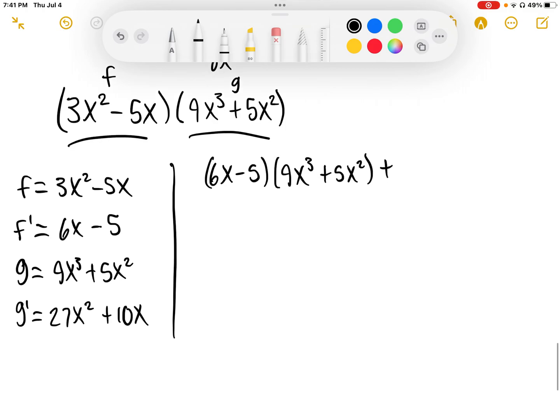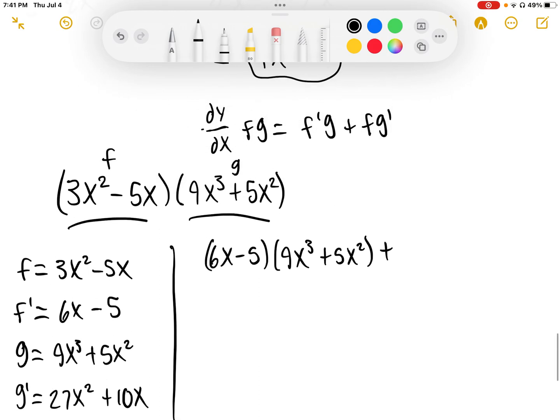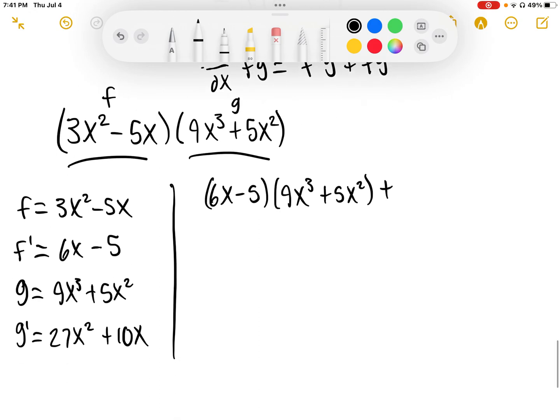And all of this is going to be added to fg prime, which is 3x squared minus 5x times 27x squared plus 10x. Almost ran out of space there.